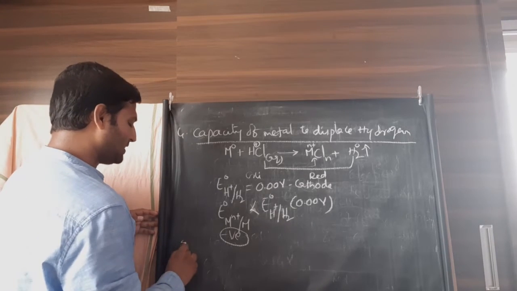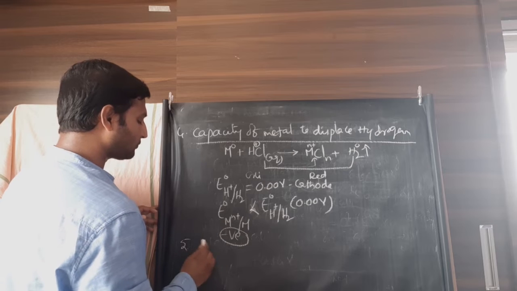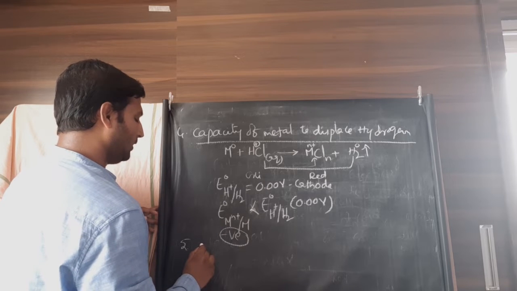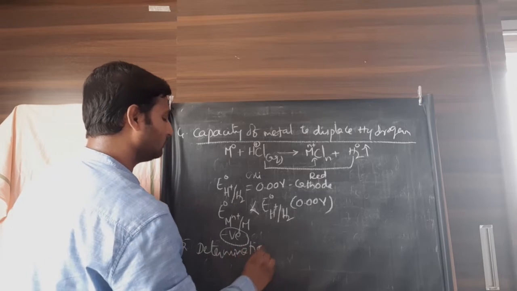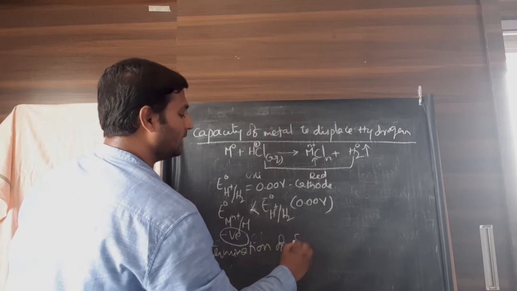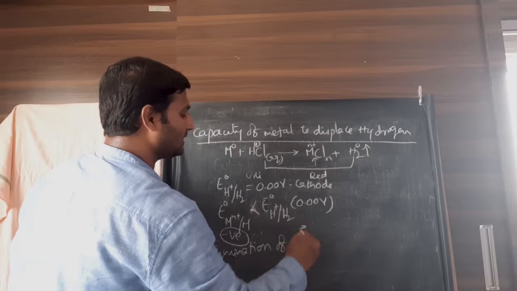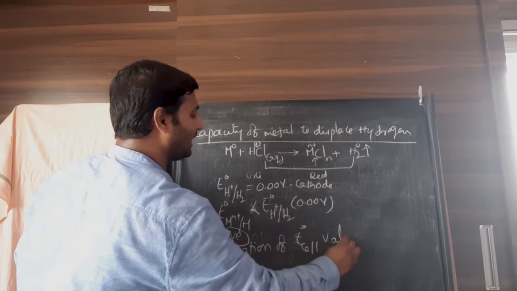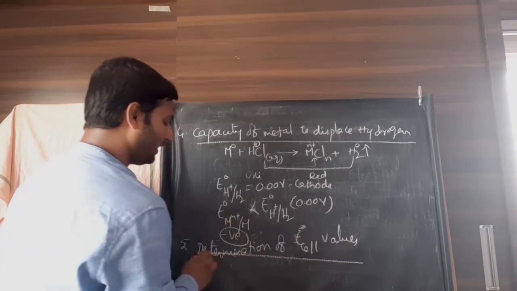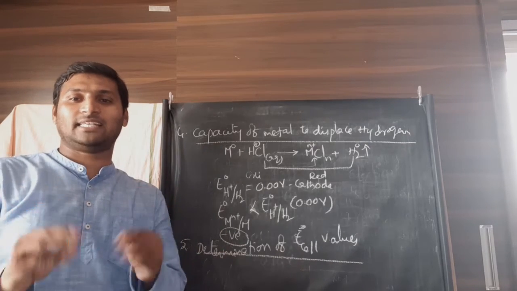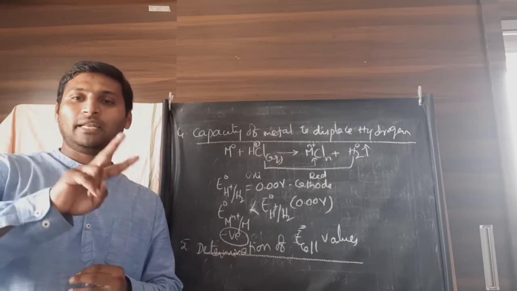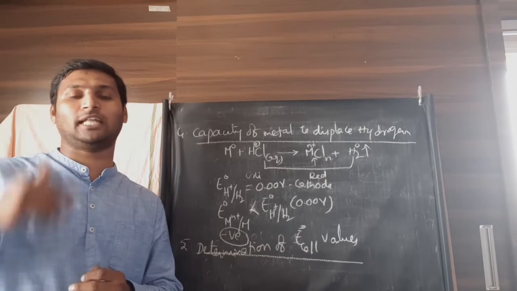Last and simplest application to learn is the determination of E naught cell values or standard EMF values. Any galvanic cell is given to you, a combination of any two electrodes from that electrochemical series.